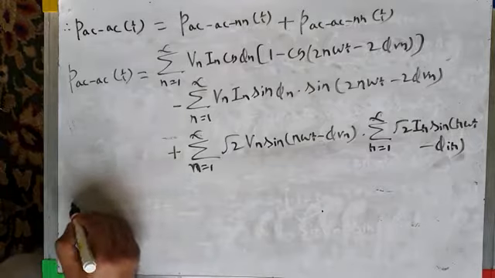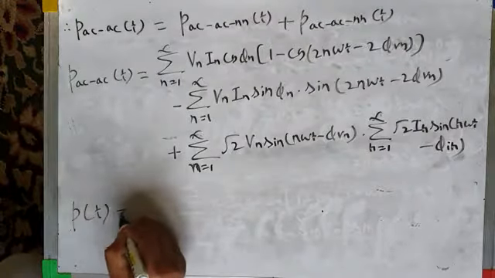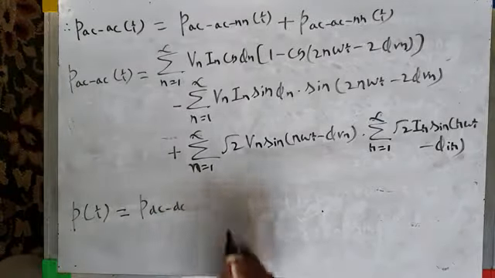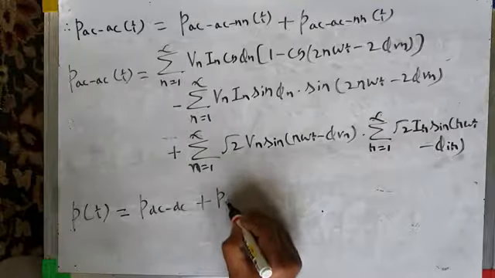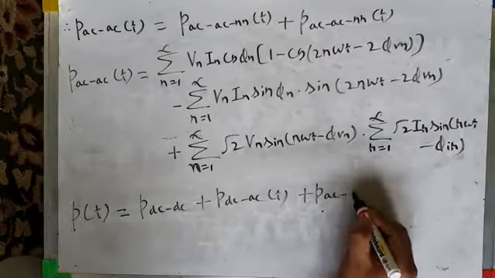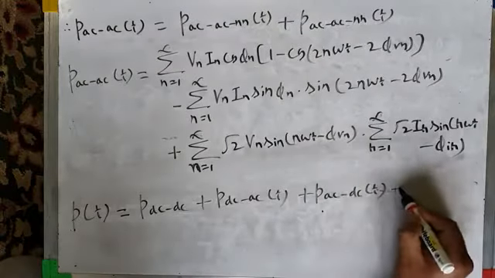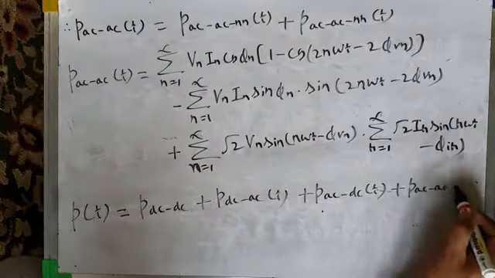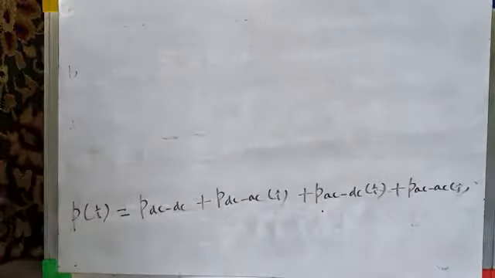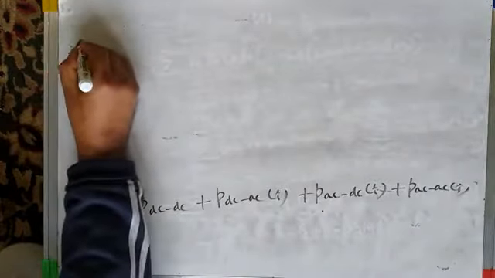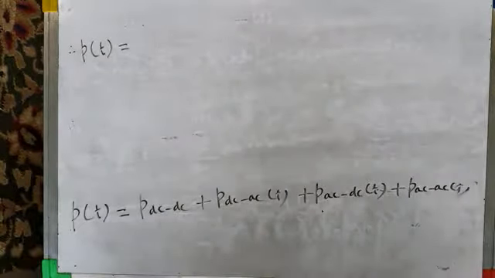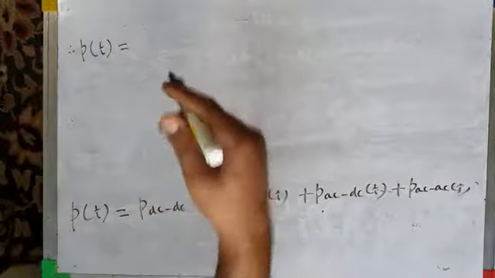So, but by the way, what is our mathematical expression for power? P of t, we already know it is P dc to dc, first term, plus what was the second term? P dc AC. Third term was P AC dc, and fourth term was P AC AC T. Let us substitute all these values here. So therefore, my final equation for instantaneous power will be like this: P of t is equal to P dc dc.